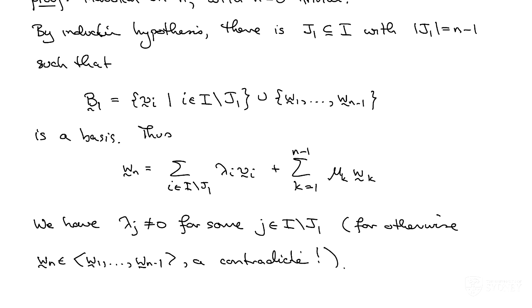And so now we're in a situation where we can use the replacement lemma. This lambda j is non-zero, so we can take away the corresponding b subscript j, throw that out, and throw in wn instead.